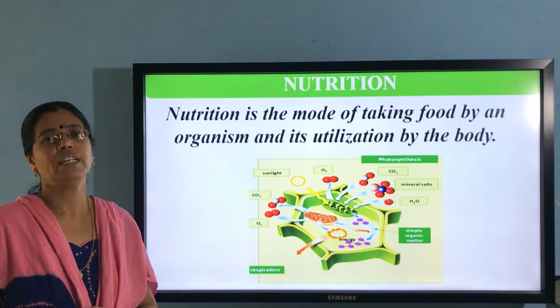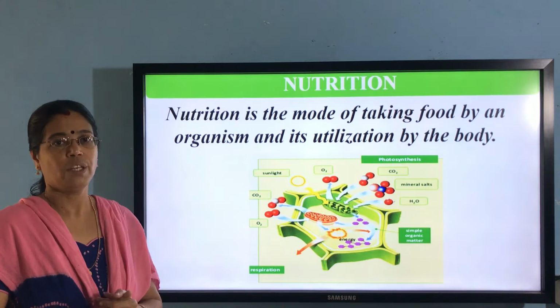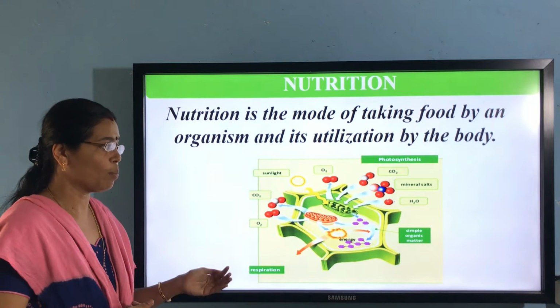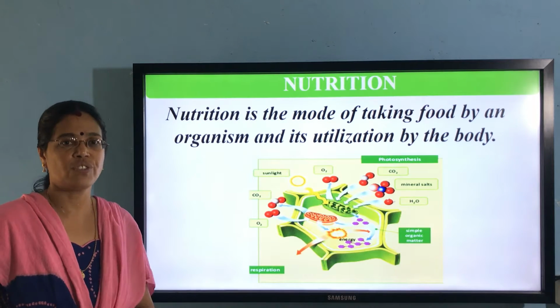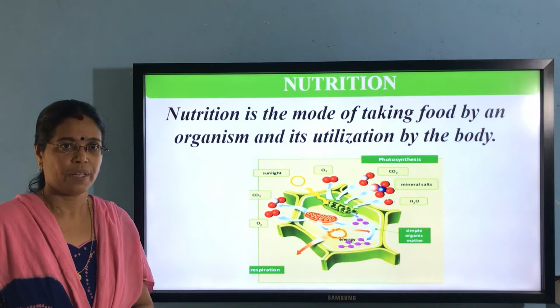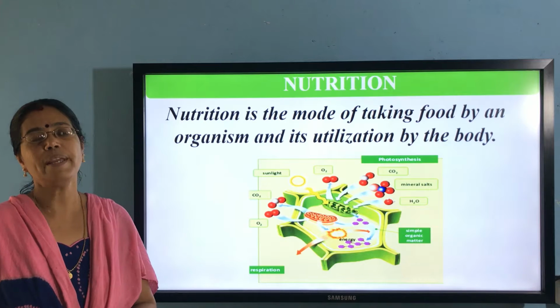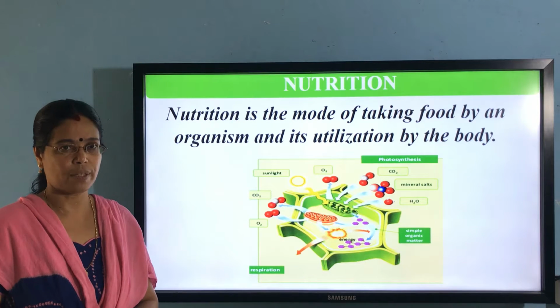To carry out the nutrition process, the body needs some special structures. In cells, we have some special cell organelles, namely chloroplast and mitochondria. These help in taking in oxygen and releasing energy. So, with the help of these structures, the plant carries out the various life processes and also the photosynthesis process.